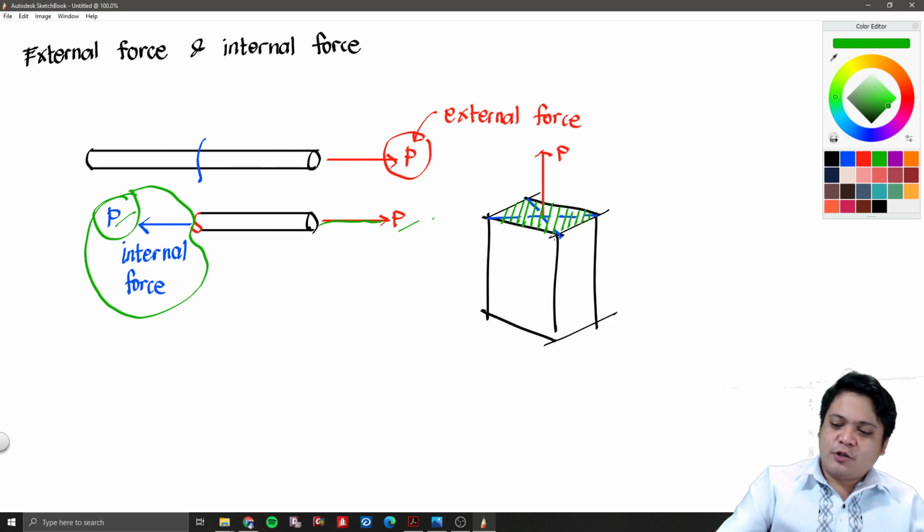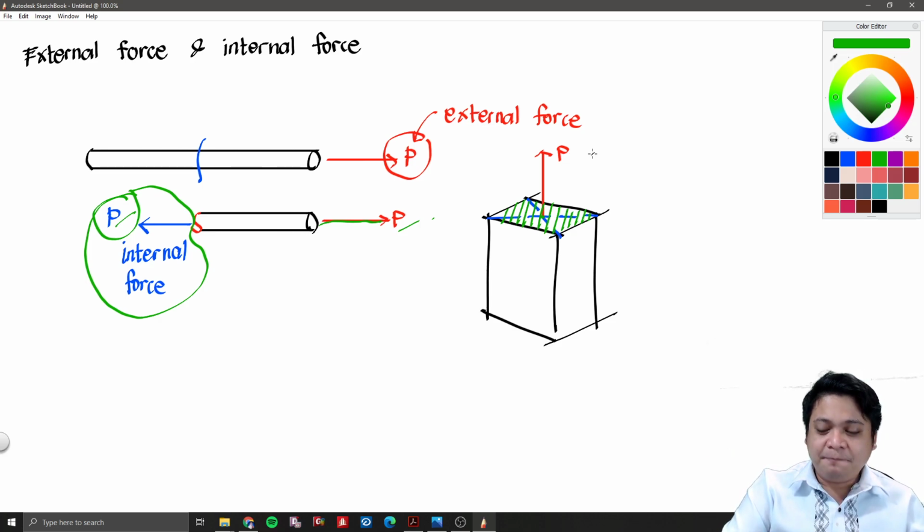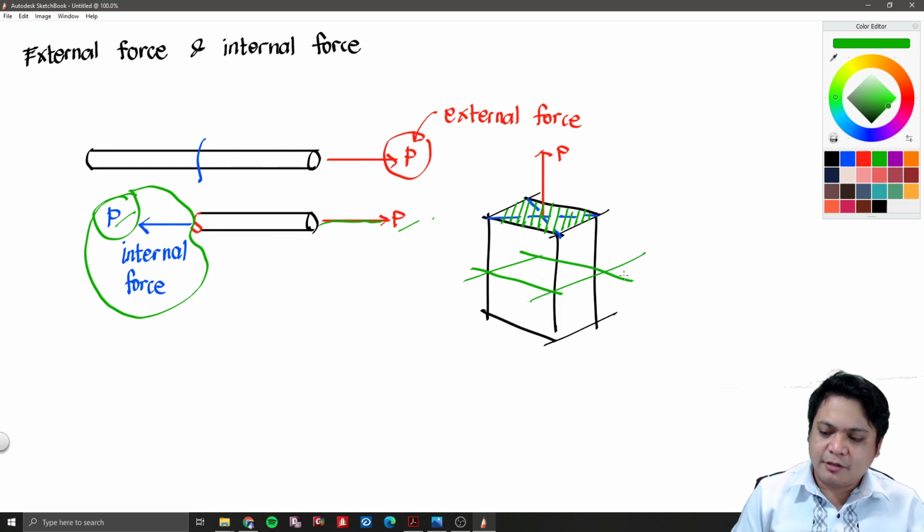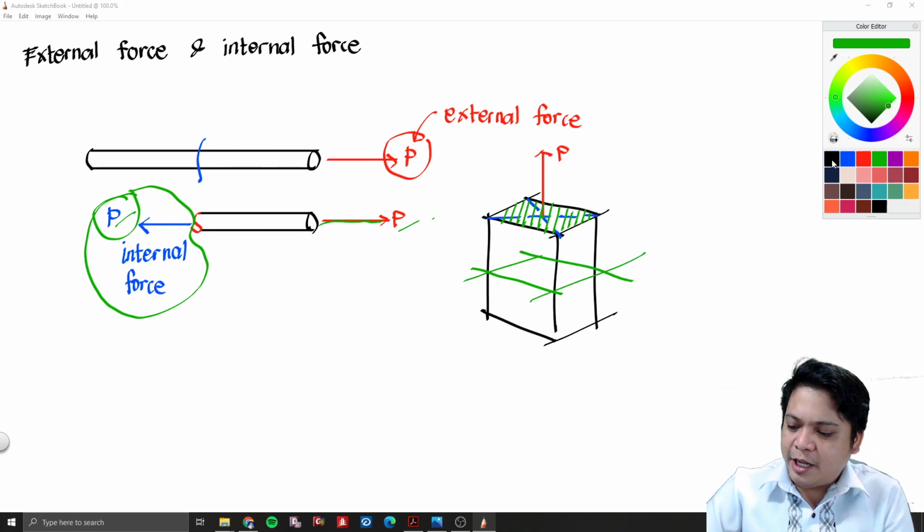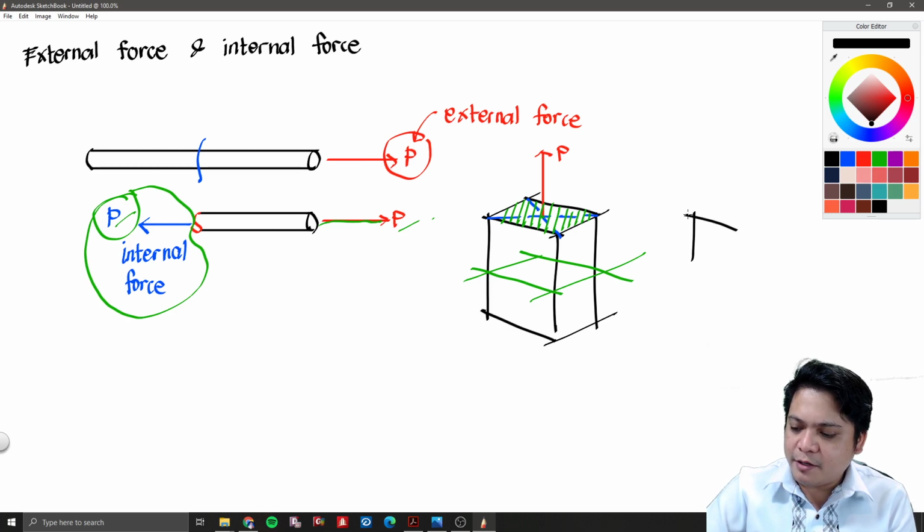Okay? So, since external pa lang siya, nasaan dyan yung aking internal forces? So, I will try to cut this section. Ilagay ko dito.